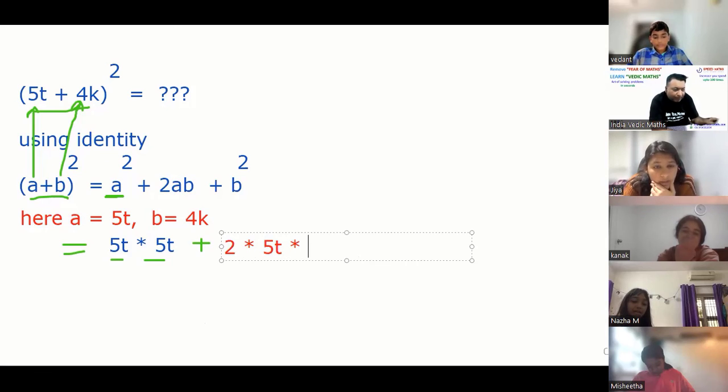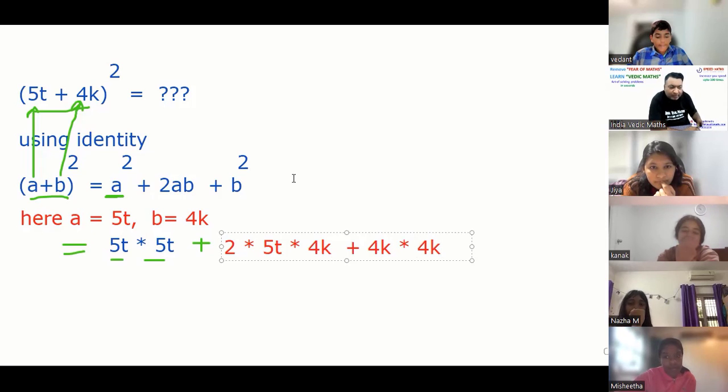What is B? 4k. So that will be 2ab. Last, which term? B square. How much is B? 4k. So 4k into 4k. That is the meaning of square, right?